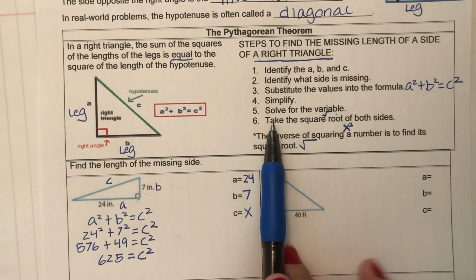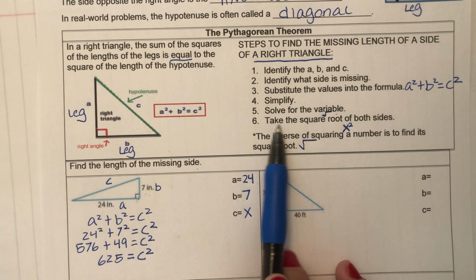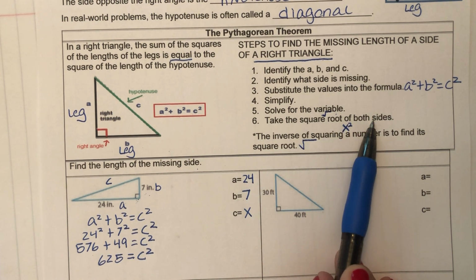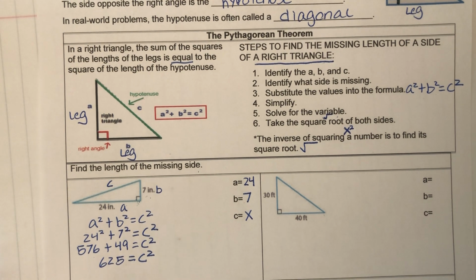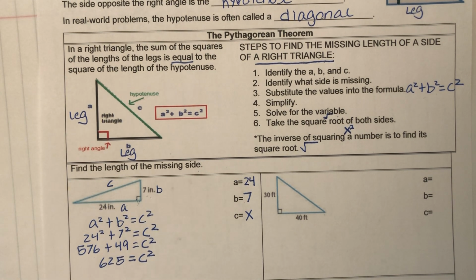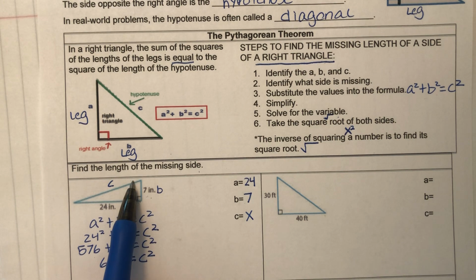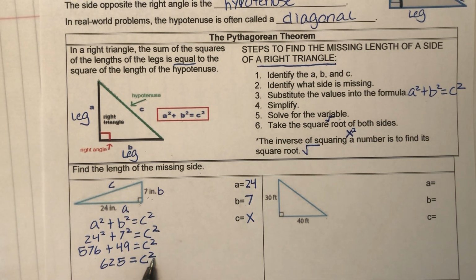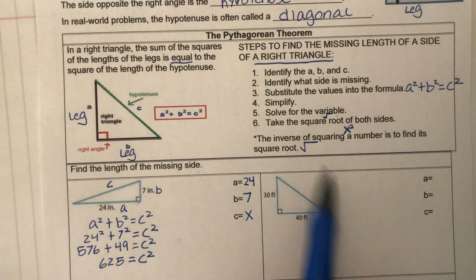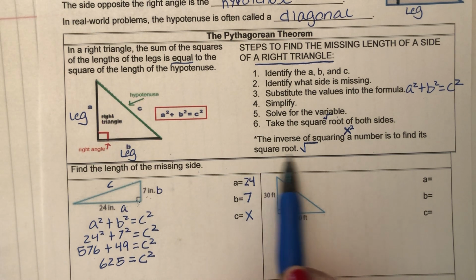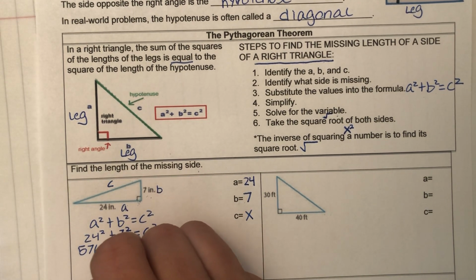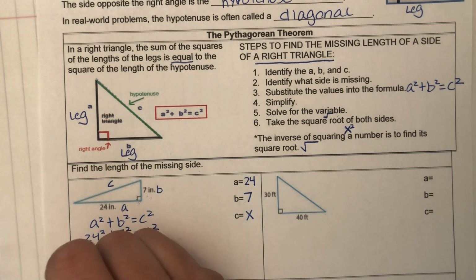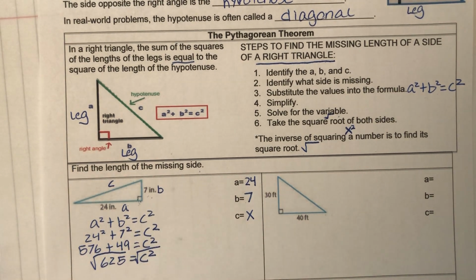We are on our very last step here where it says take the square root of both sides. This is telling you what C squared is, but we don't want it squared. We just want to know what C is, what this missing side is here. So in order to undo this square, we need to do the inverse, which is take the square root of that. So I'm going to find the square root of this side, find the square root of this side.